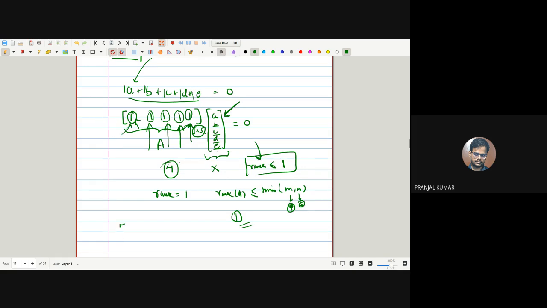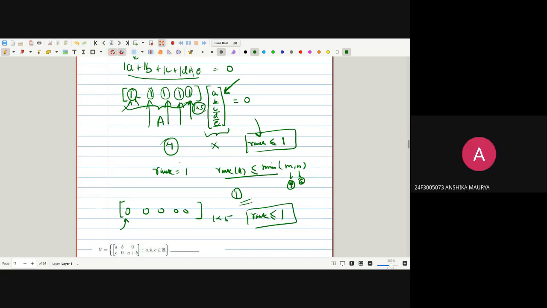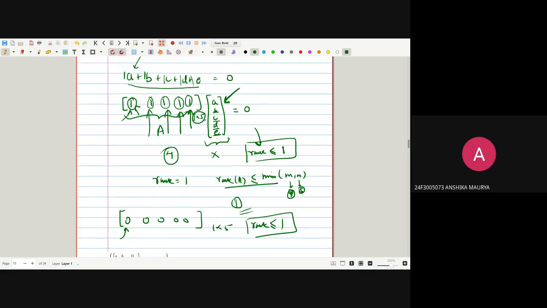So suppose this was a matrix 0, 0, 0, 0, 0. This is also a 1 cross 5 matrix. From the order, I will just deduce that rank is less than or equal to 1. But rank is equal to the number of independent columns of the matrix.